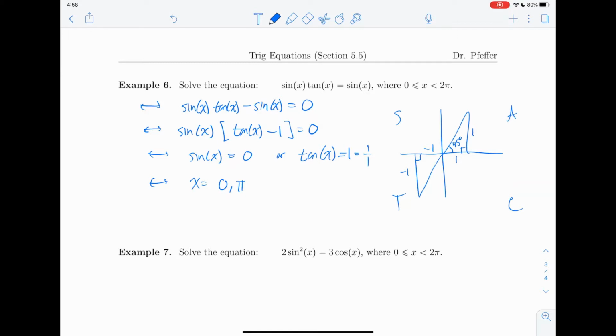So we see here that x should be either pi over 4 in quadrant 1 or 5 pi over 4 in quadrant 3. Coming together, these four angles serve as our solution set for sine x tan x equals sine x.